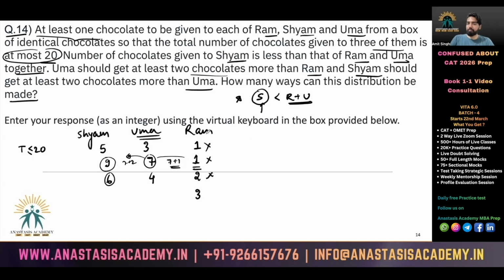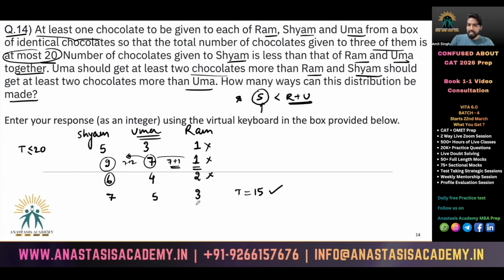For Ram having 3 chocolates, Uma could have 5, and Shyam could have 7 chocolates. This is the first case in which I'm getting a valid distribution, because the total here is 7 and 3, 10, and 5, 15. Each has at least 2 more than the previous, and Shyam has fewer chocolates than Ram plus Uma together, 5 plus 3 is 8.